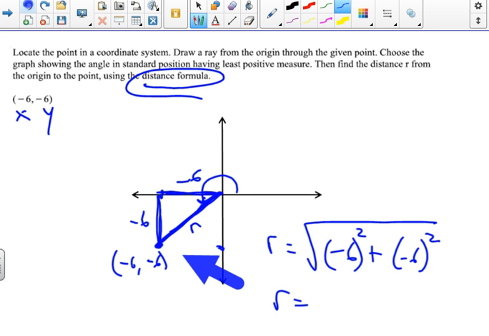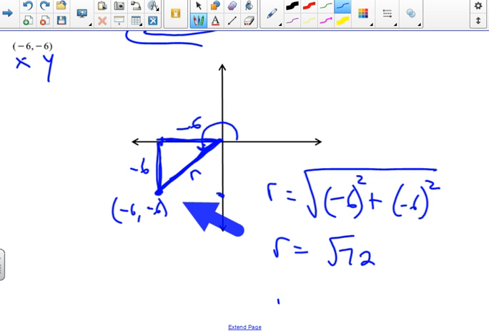And so r is going to be 2 times 36, that's 72, square root of 72, which is going to turn out to be r equals 6 times the square root of 2. That's because it's equal to 36 times 2, but the square root of 36 is 6, and of course the square root of 2.